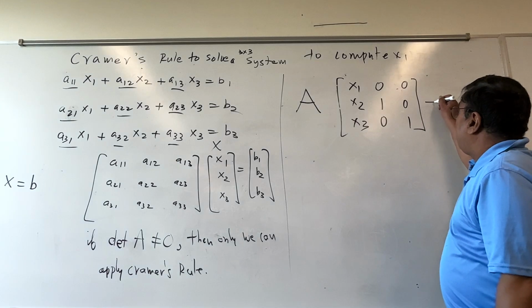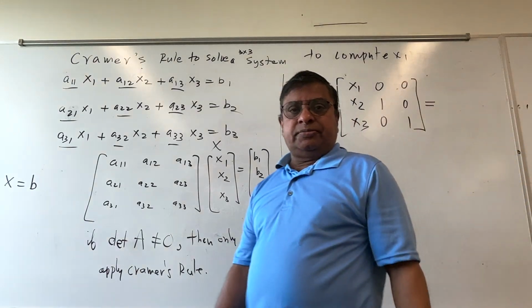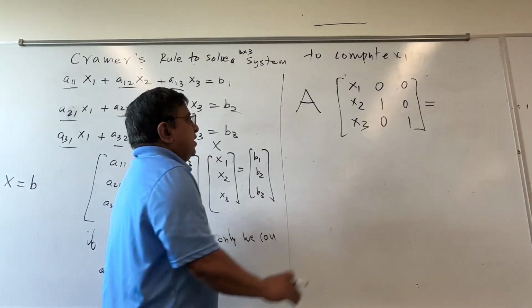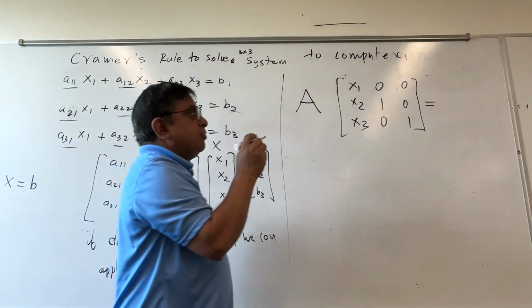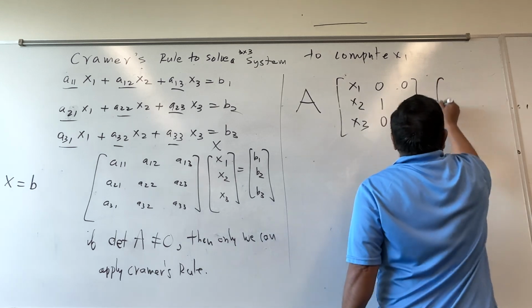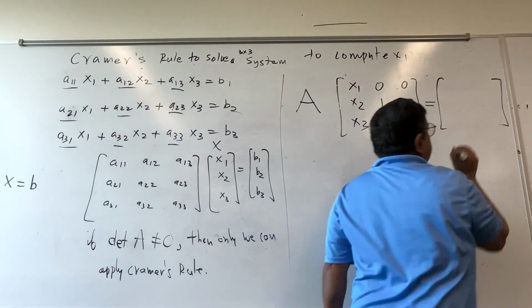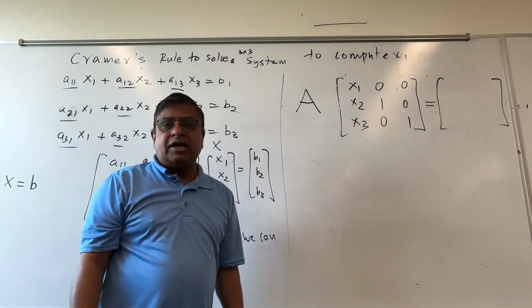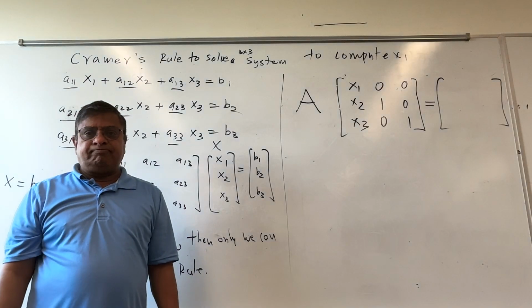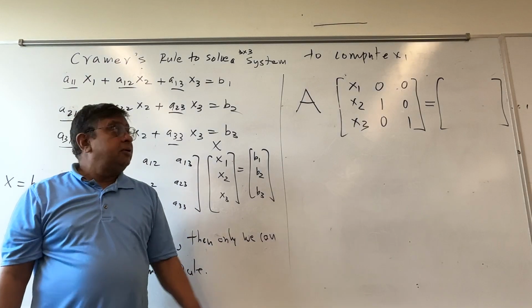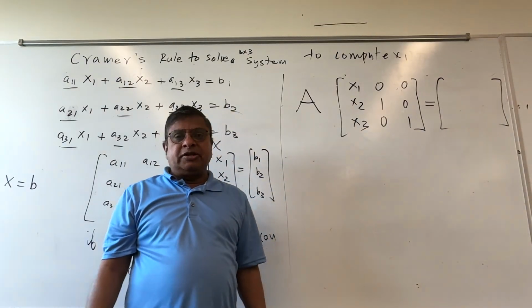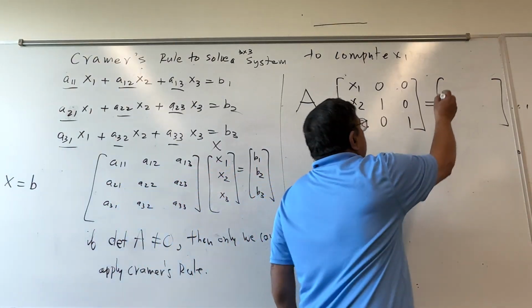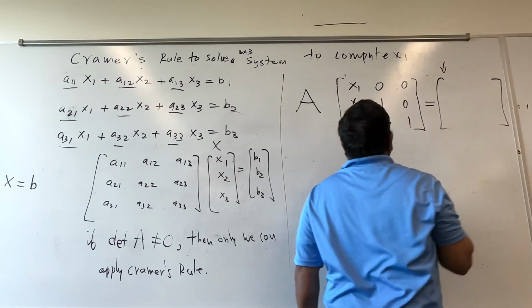And I want to know what the product of these two is. Really, this is a 3 by 3 matrix. So if you multiply these two matrices, I should get a 3 by 3 matrix. Is that right? Yes. This is 3 by 3, that is 3 by 3, so the product should be 3 by 3. I want to know what the first column here is.